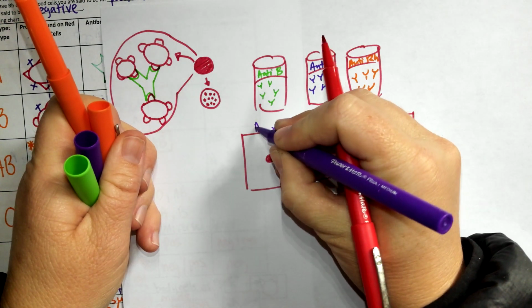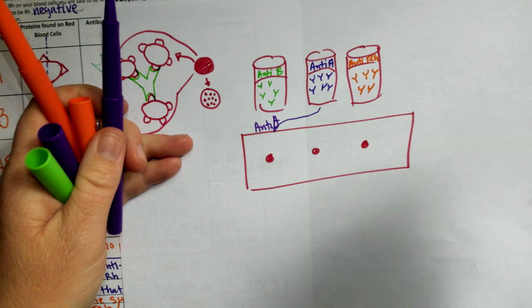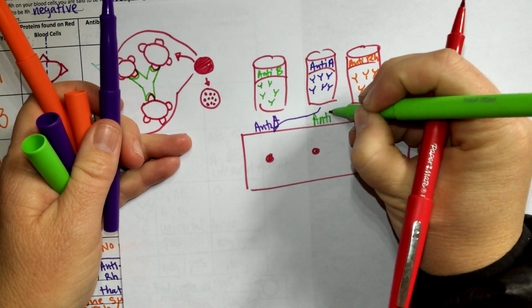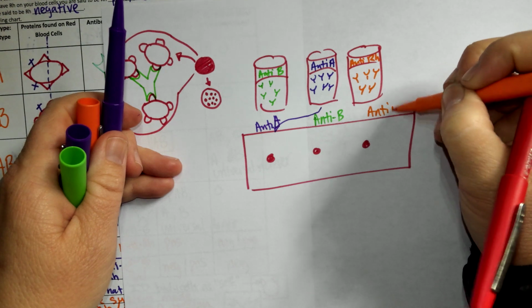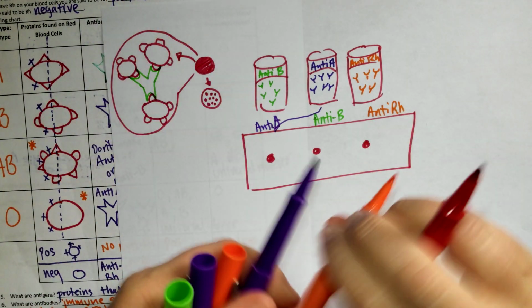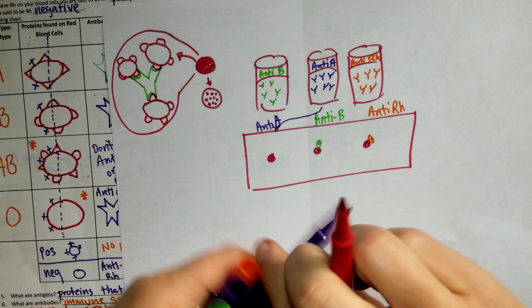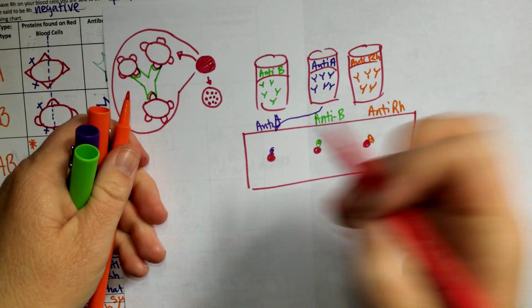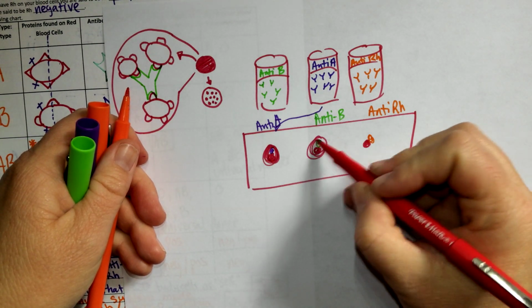If I add some anti-A here, and over here I add anti-B, and over here I add anti-RH, and then I use a toothpick to mix it around.